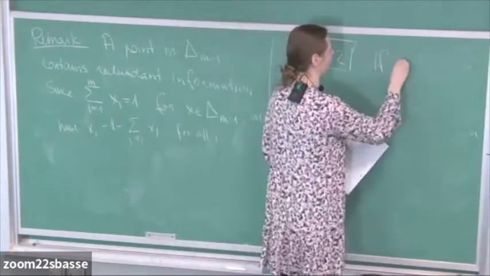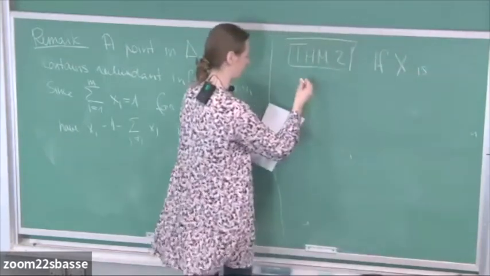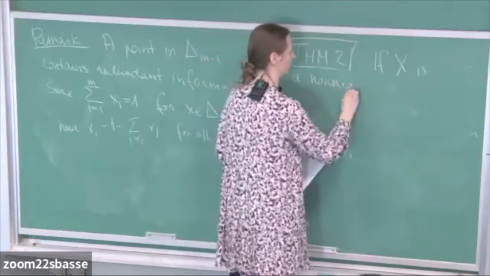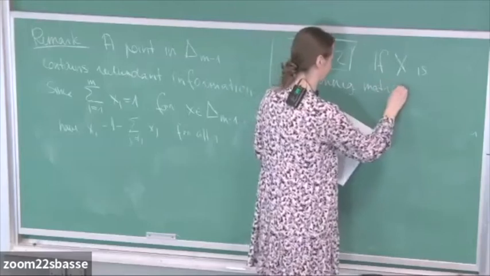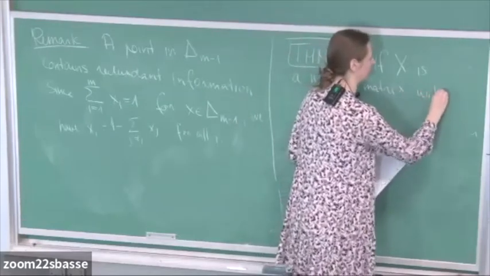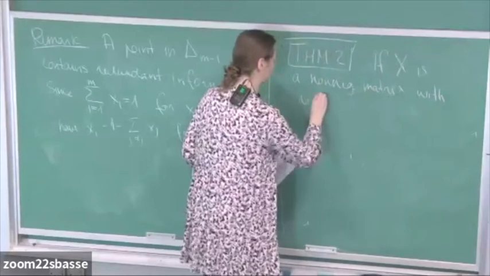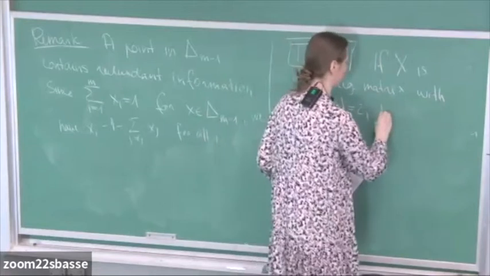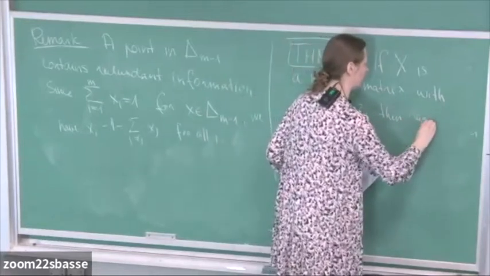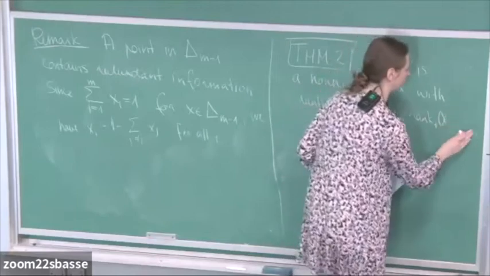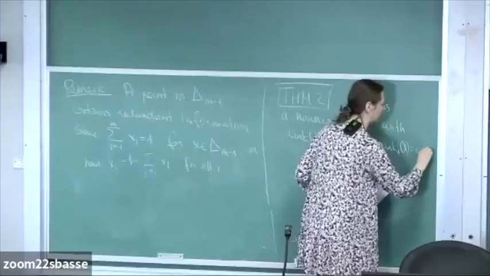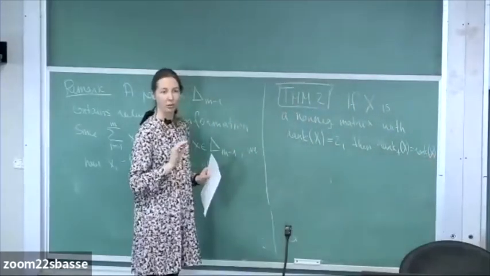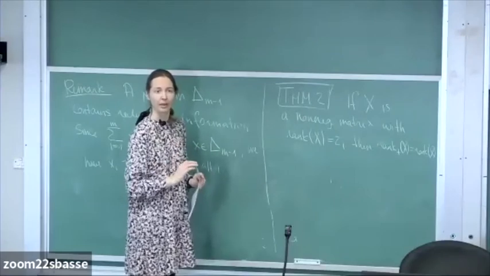So if X is a non-negative matrix with rank of X equal to 2, then non-negative rank of X equals rank of X. We also had that the same is true if the rank is equal to 0 or 1, but these cases are, let's say, easy to prove.